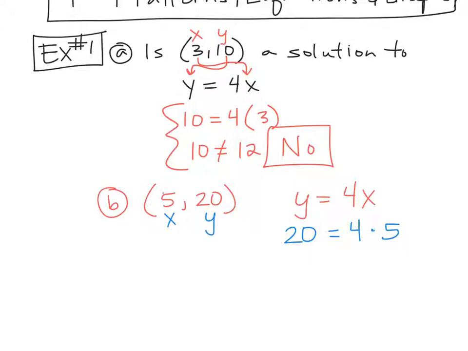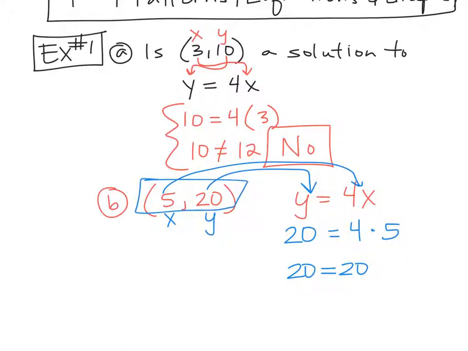Right? So this goes in place of my x, and this goes in place of my y, and then we solve it. So basically we're saying 20 equals 20. Is (5, 20) a solution? Yes. If you get a true equation here, your answer is yes. Okay, so you're plugging in the x and you're plugging in the y.